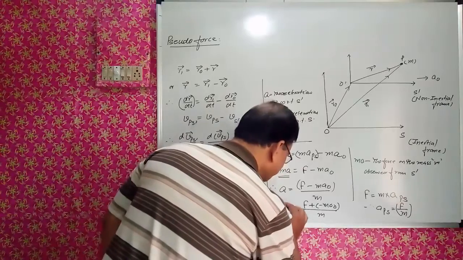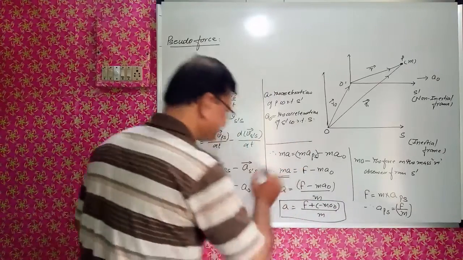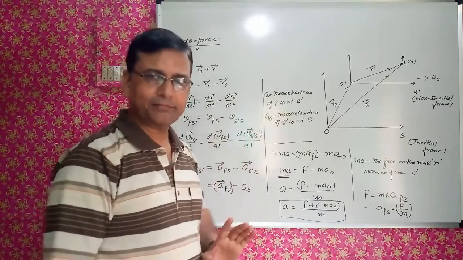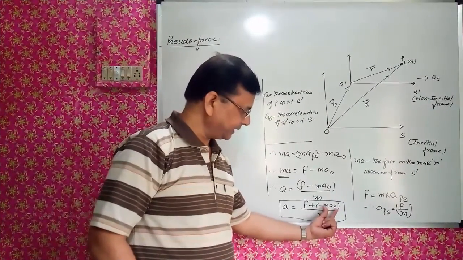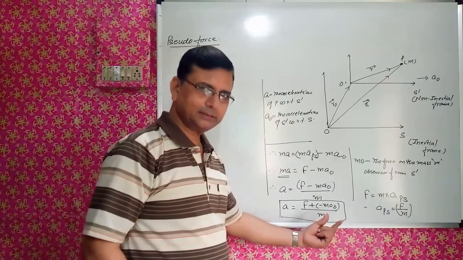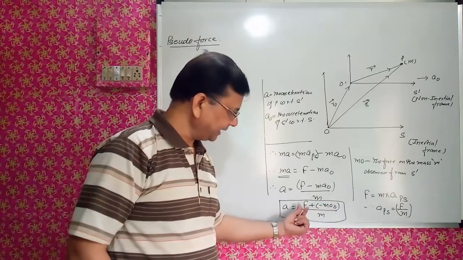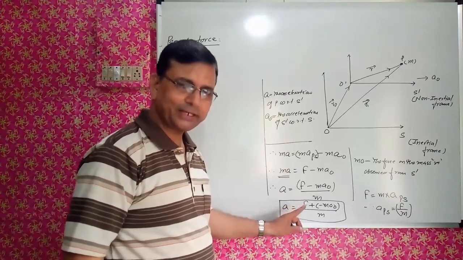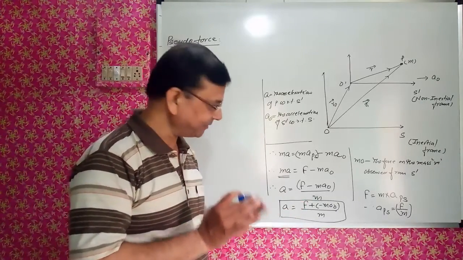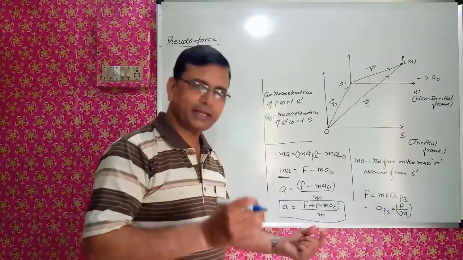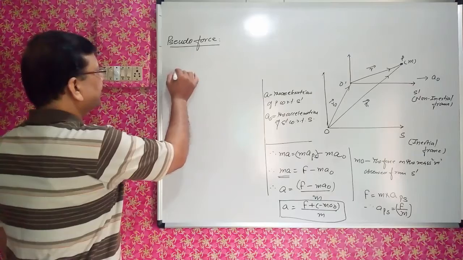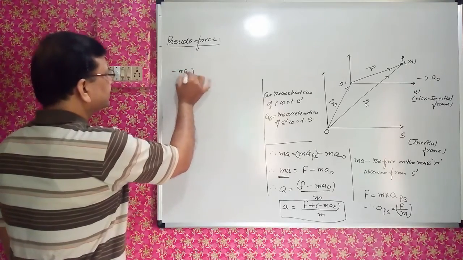It is the acceleration observed by the observer in the non-inertial reference frame. And this quantity m a naught is added in the net force acting on the object when it is observed from the inertial frame of reference; this much force, that is minus m a naught, will be added.